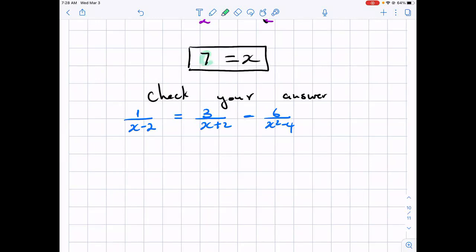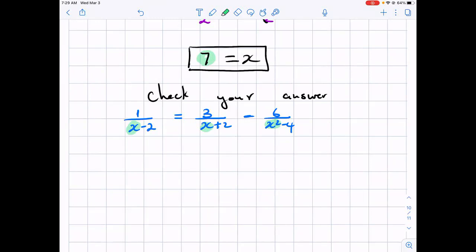If you replace x with 7 and put it in here, does any of the denominators become 0? If it does become 0, then this is an extraneous solution. Very important.